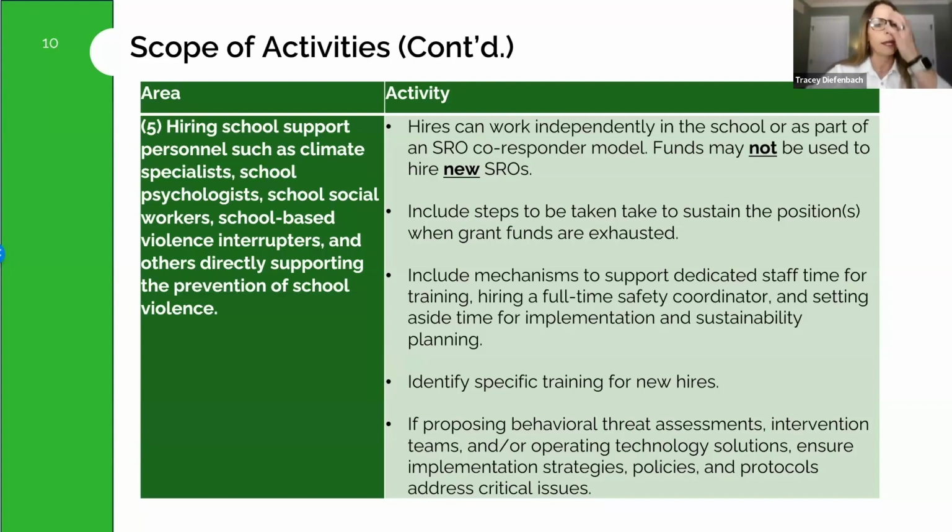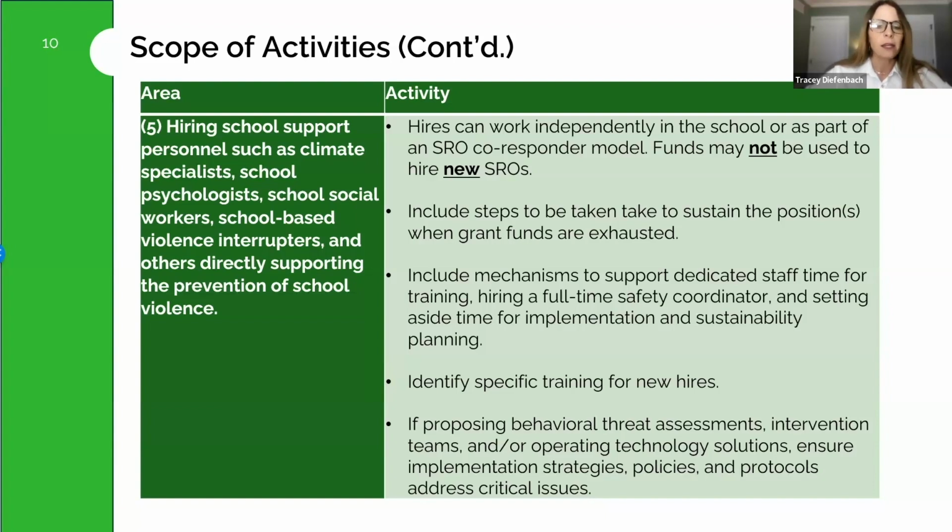Applicants proposing to hire staff must state in their application what steps they will take to sustain the position when the grant funds end. Mechanisms to support dedicated staff for staff training, hiring a full-time safety coordinator, and setting time aside for implementation and sustainability planning should also be included in the application.